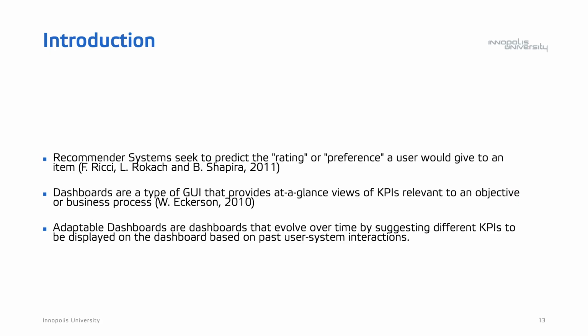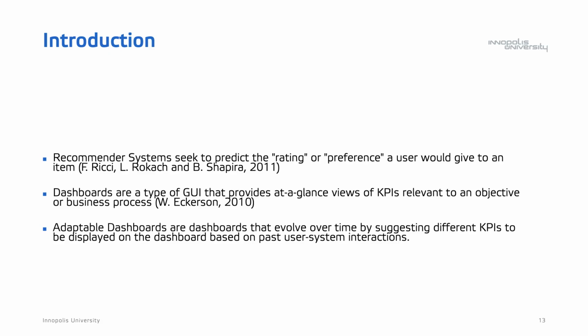Recommender systems have been around for a very long time, and they seek to predict the rating or preference that the user would give to an item, in this case a metric, to be displayed. And dashboards are a type of graphical user interface that provide at-a-glance views of KPIs, key performance indicators, relevant to an objective or a business process.